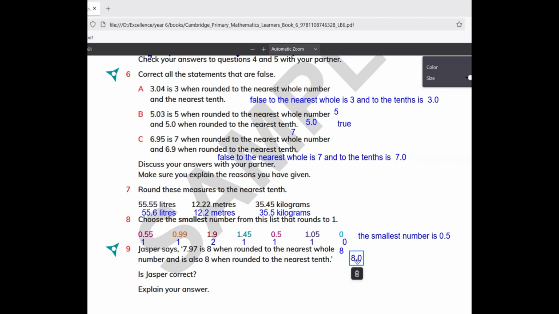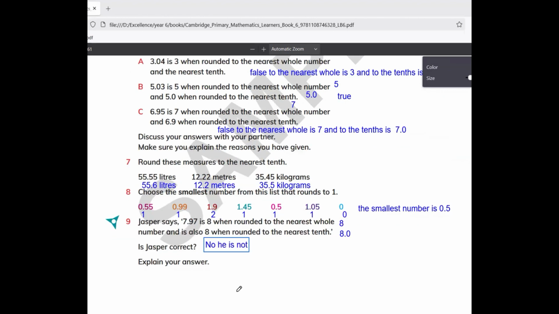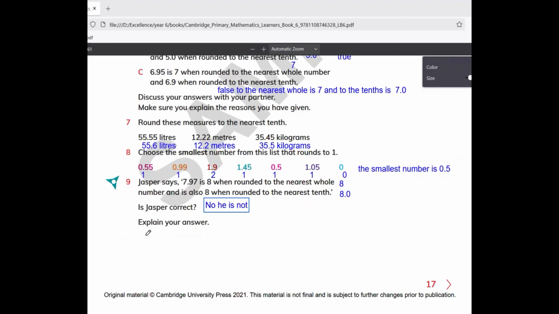Now we are going to see, is Jasper correct? We say no, he is not. Explain your answer. Why?